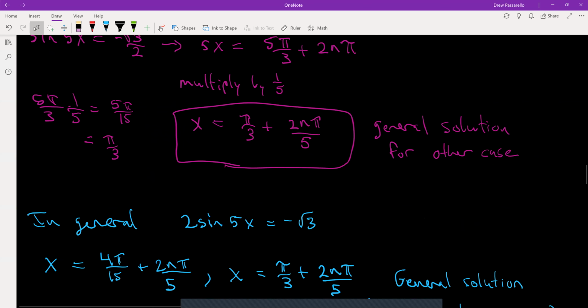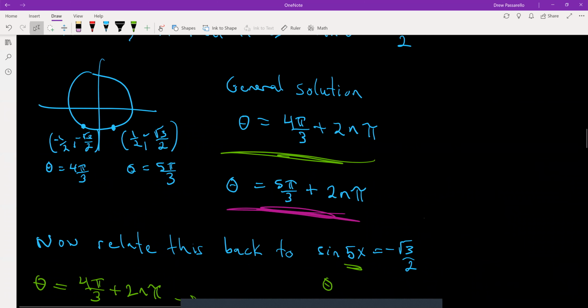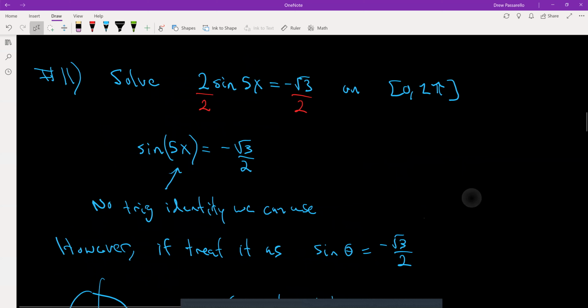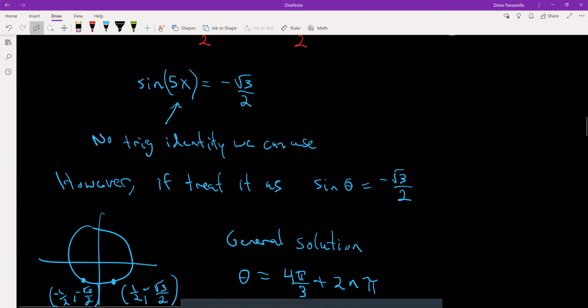All right, so I'll try to recap that real quick. I know it was a long problem. So the problem started out with 2 times sine of 5x equal to negative square root of 3. And what I did was, I divided both sides by 2, so I can get the sine function by itself. There's no trig identity I can use for 5x. So I looked at it, well, what is sine of theta?